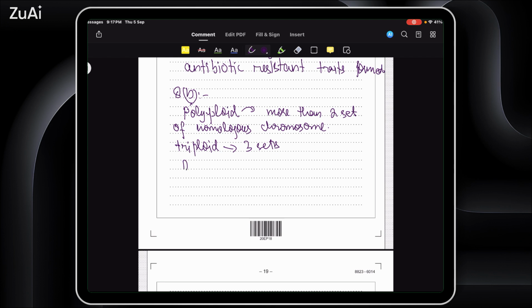So whenever there is DNA replication, during DNA replication, without cytokinesis occurs, this forms polyploidy.